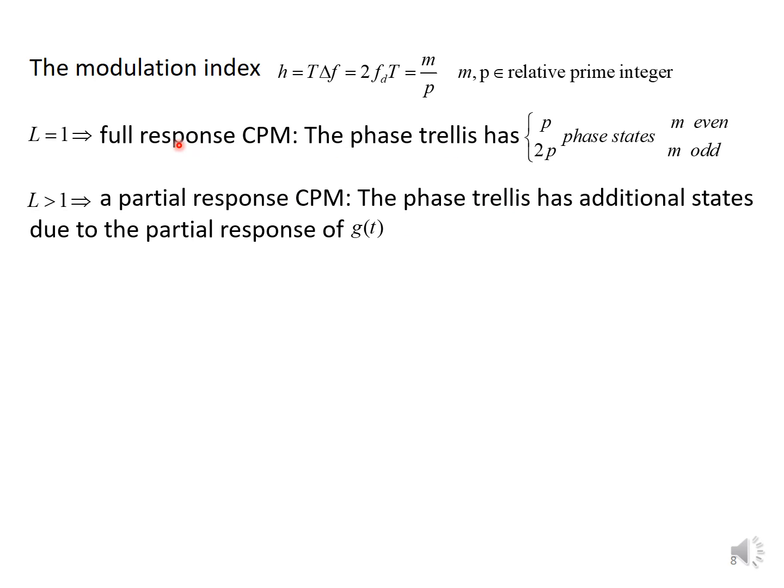In the full response CPM, the possible phase trellis has P or 2P phase states when m is even or odd. We will explain this. And the phase trellis would have additional phase states due to the partial response of g(t).